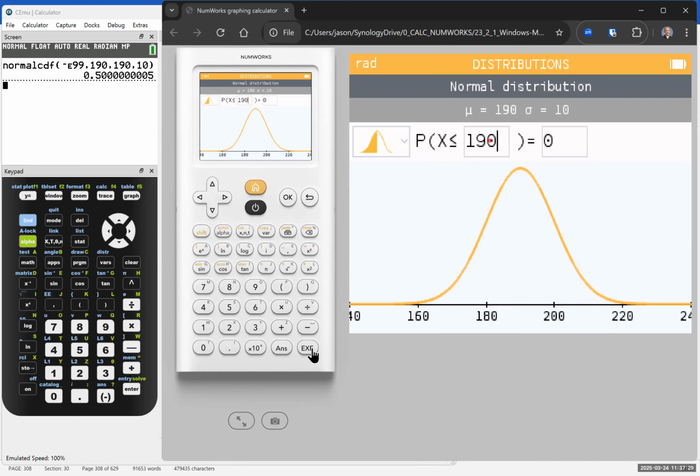And if we hit execute, it tells us 0.5, and it shows us this picture, which shows 190 here in the middle, and the area to the left of it, which is equal to 0.5, or 50%.